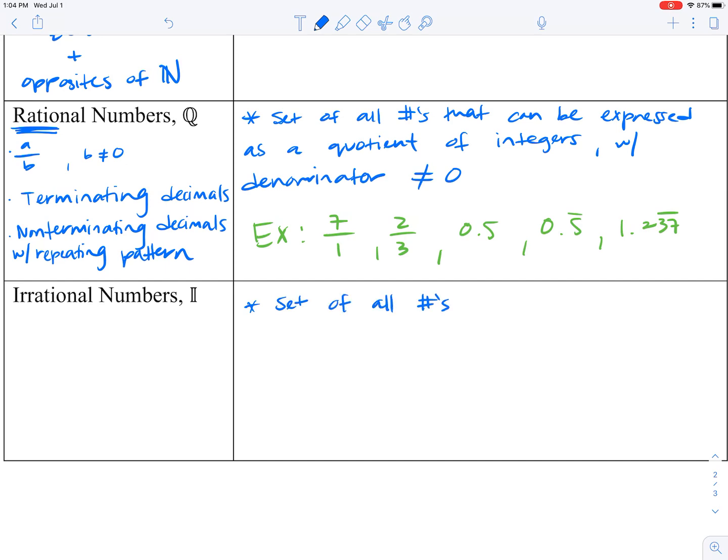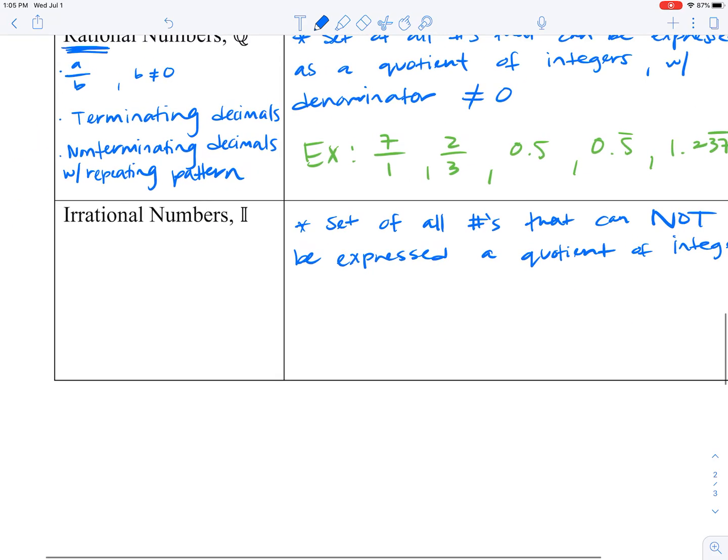The irrational numbers are the set of all numbers that cannot be expressed as a quotient of integers.